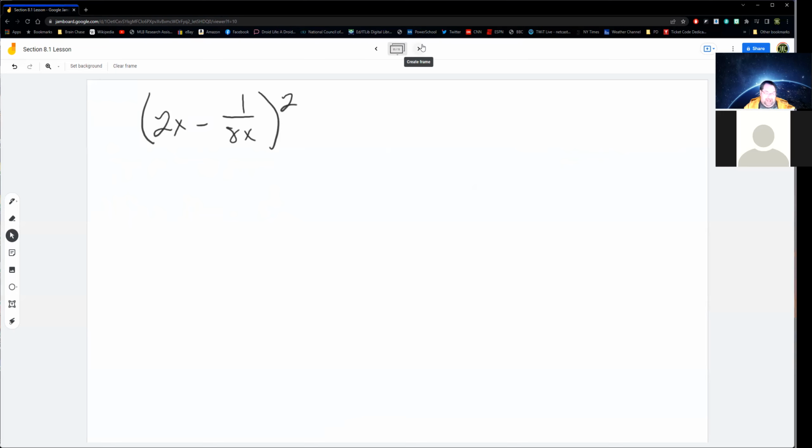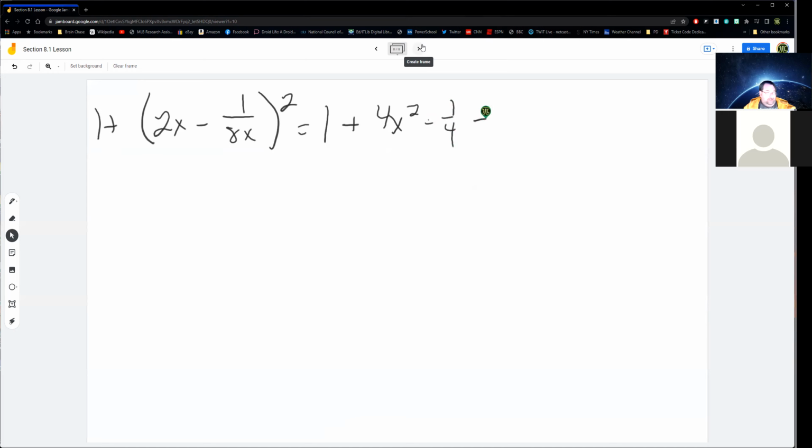But let's look at what we got. So we got 1 plus this, right? Let's FOIL this out. So I've got 1 plus 2x times 2x would be 4x squared. I have 2x times negative, that one would be negative 1/4.